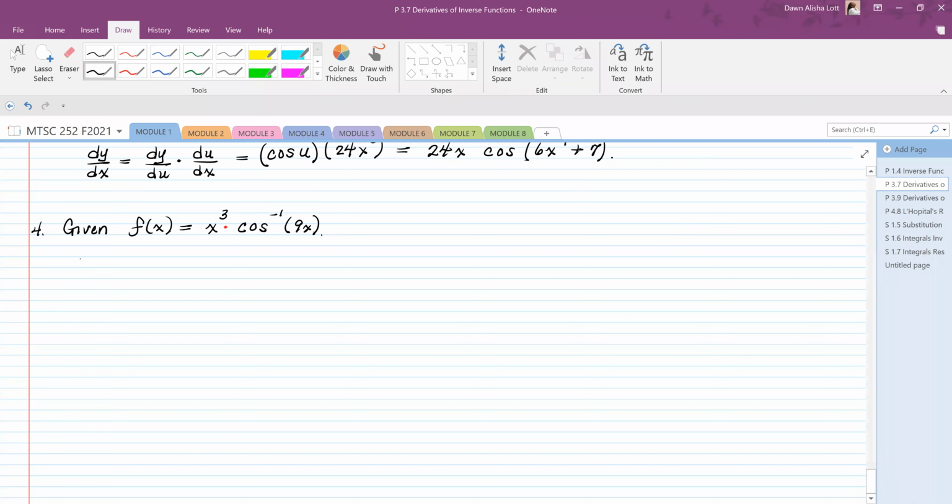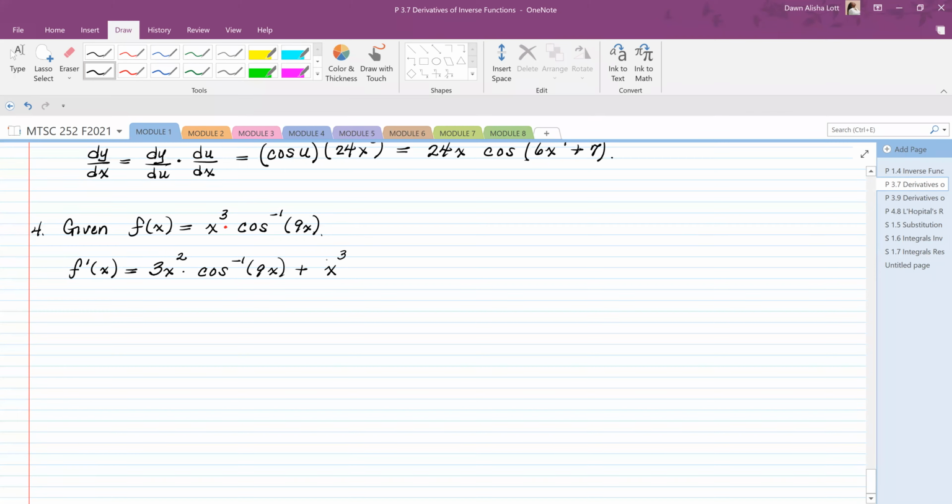So f prime: I'm going to take the derivative of the first and we get 3x squared times the second, just as it is, plus the first, which is x cubed.